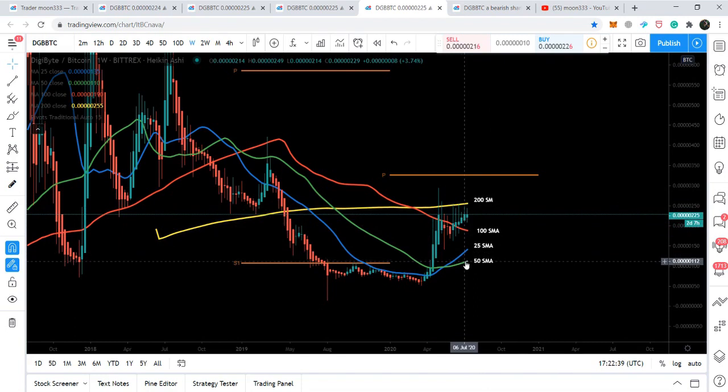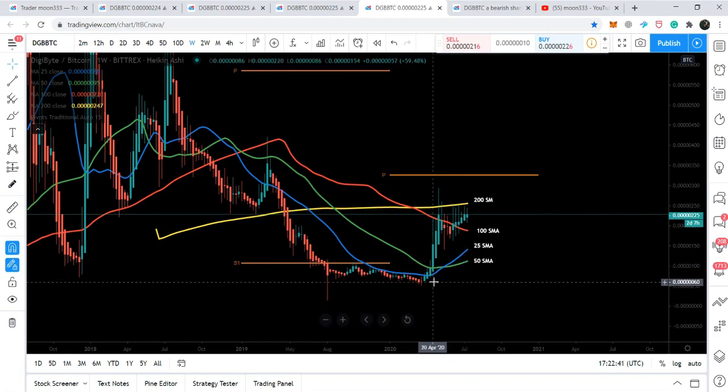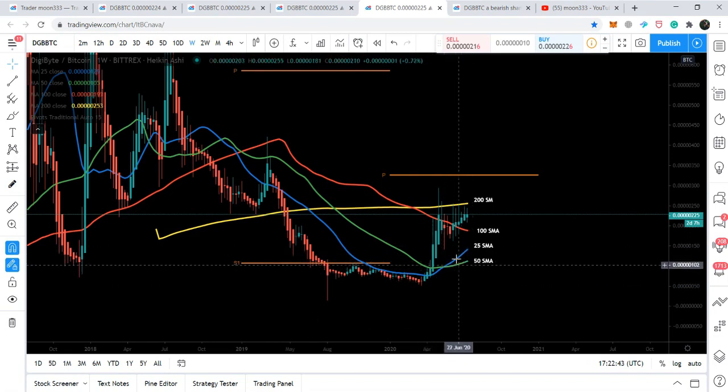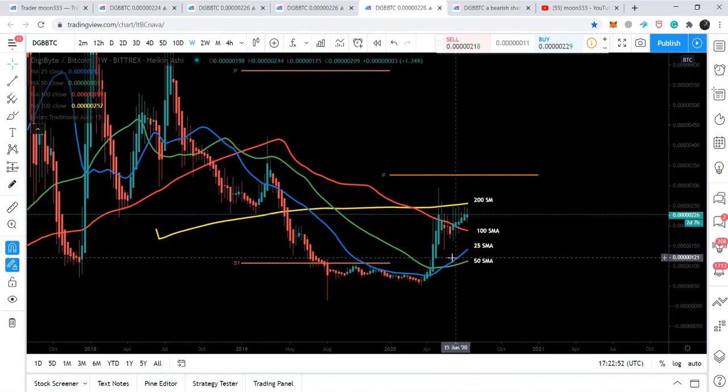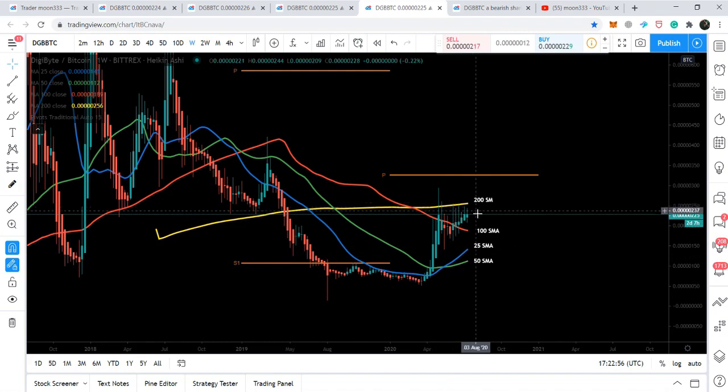But in my point of view, there are strong chances that the smaller time period moving averages are just telling us the tendency of the price line as well, that in the long term the price line can move up because all the simple moving averages are moving up, and soon we can see that the 100 simple moving average will also turn up to form a bull cross with the 200 simple moving average.